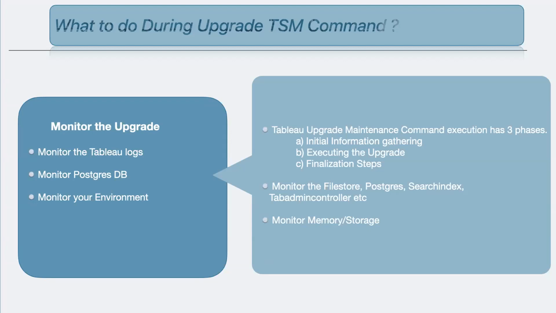It's very difficult to explain, but I was thinking about how to explain it. In the tabadmincontroller, you have the job IDs and the timings. Open the tabadmincontroller log and see at what time a particular job was triggered, let's say it says updating the Postgres database.